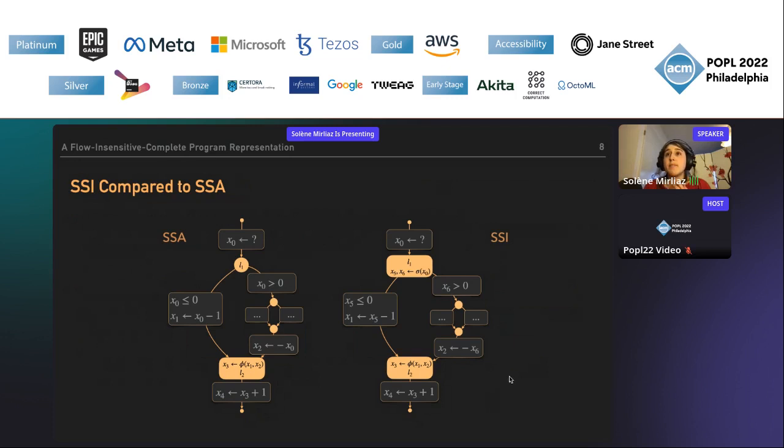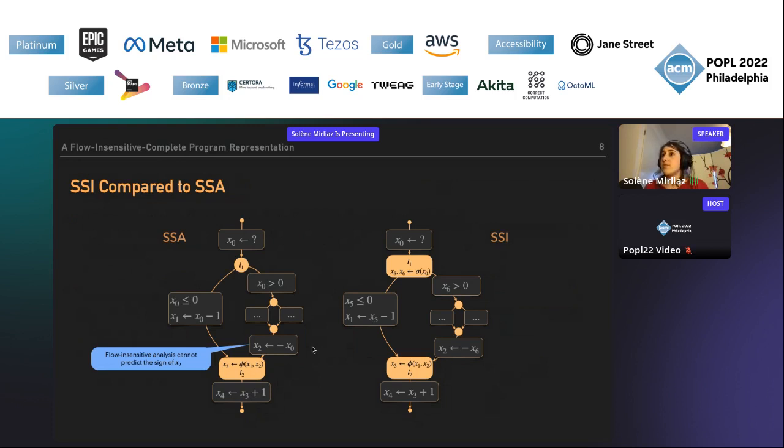Where we have a benefit of using SSI compared to SSA is, for example, if in my right branch, instead of having the condition and the assignment of x2 in the same block, something else happens in between. Well, if I perform a flow-insensitive analysis on my SSA version, I will not be able to predict the sign of x2 because x0 can have any sign in this program.